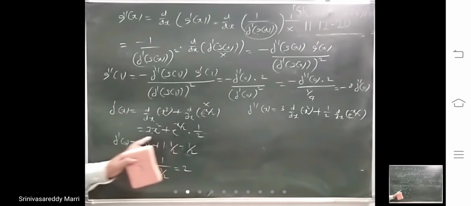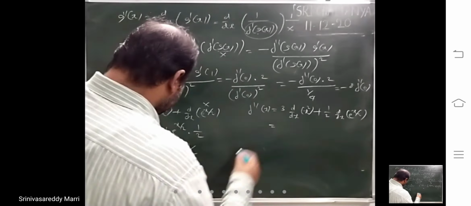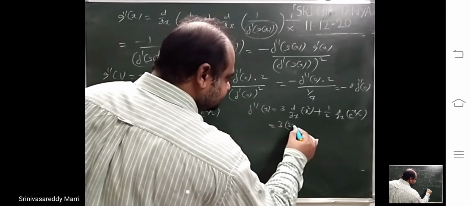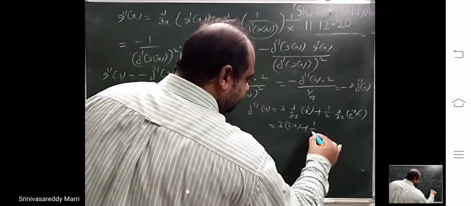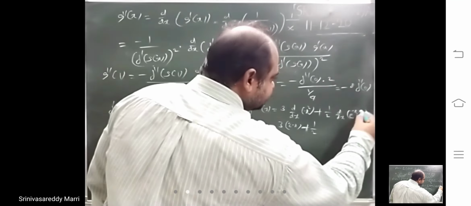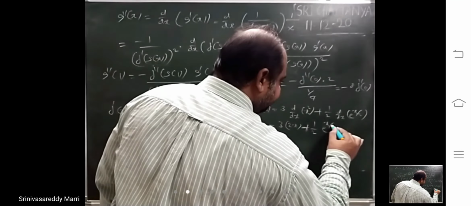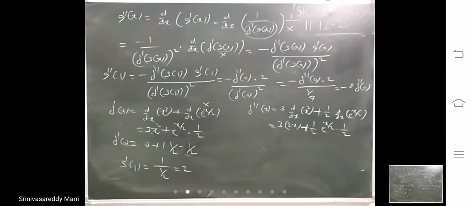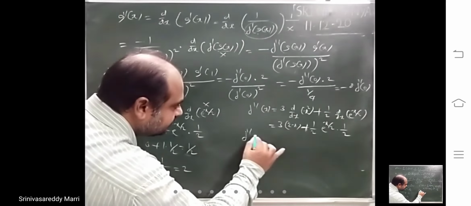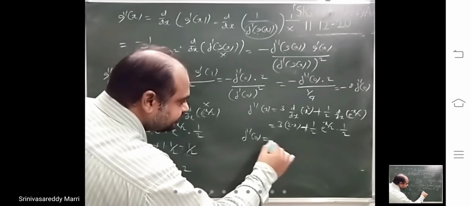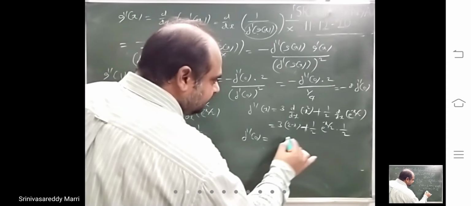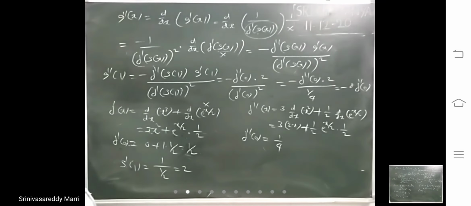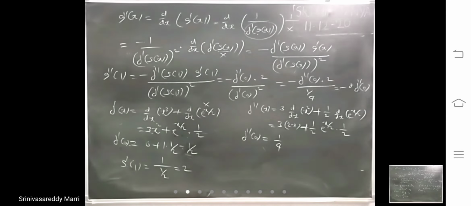So 3 into derivative of x square is 2x, plus 1 by 2 into d by dx of e power x, which is e power x into d by dx of x by 2, that is 1 by 2. Now what is f double dash 0? If you substitute 0, this is 0. 1 by 2 into this is 1 into 1 by 2, 1 by 4. f double dash 0 is nothing but 1 by 4.